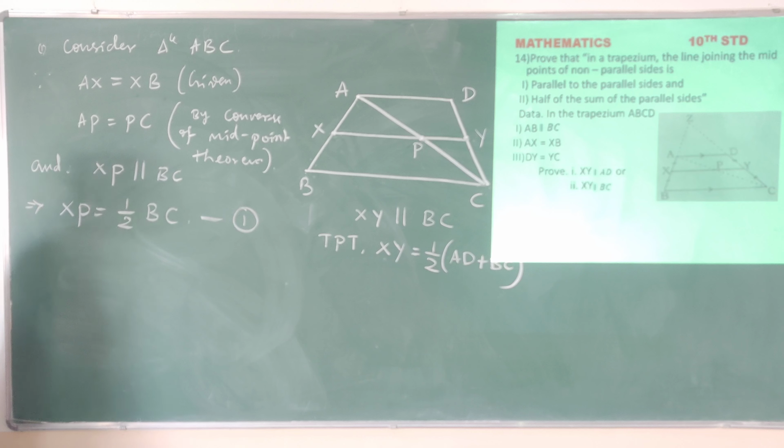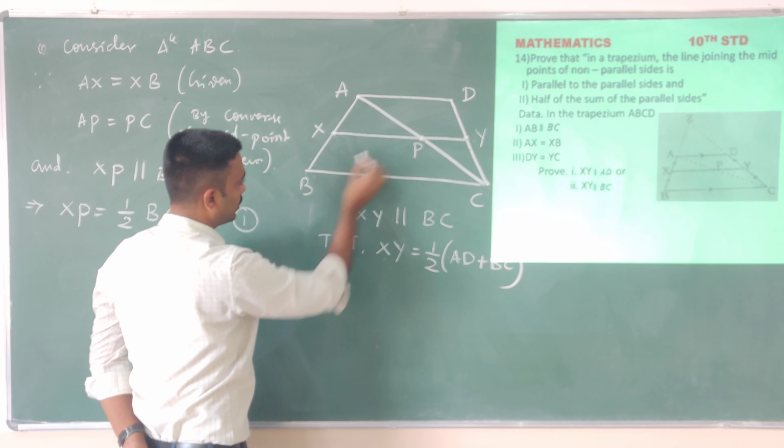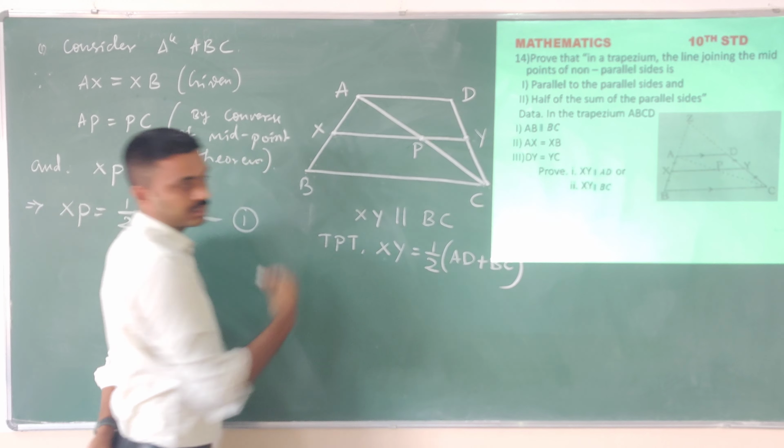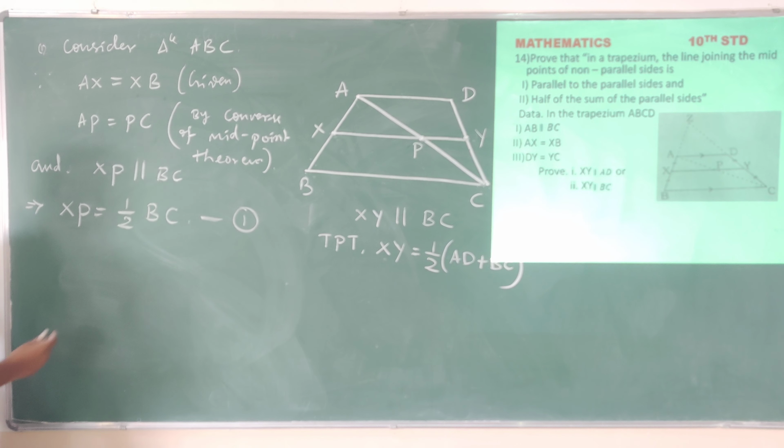Call it equation number 1: XP is equal to 1/2 times BC, which is again the midpoint theorem.